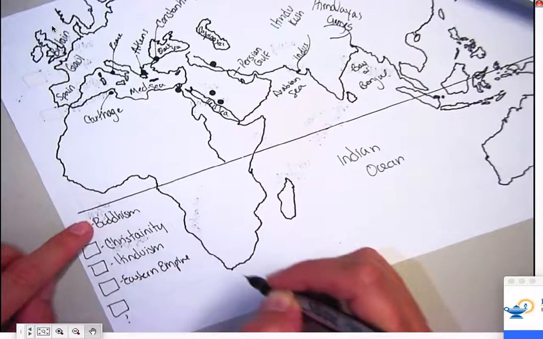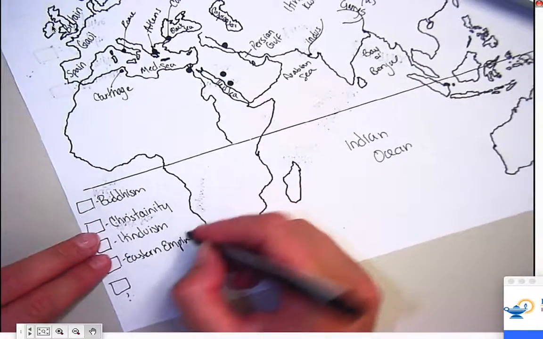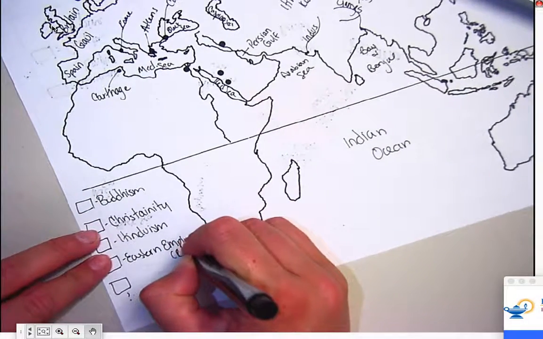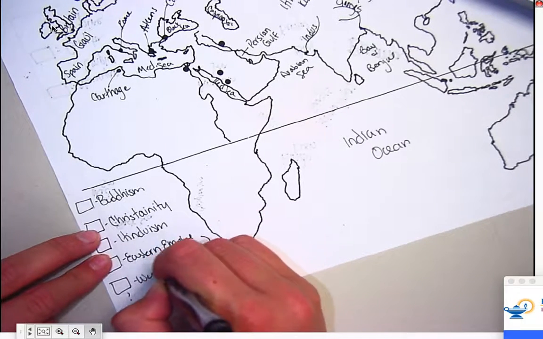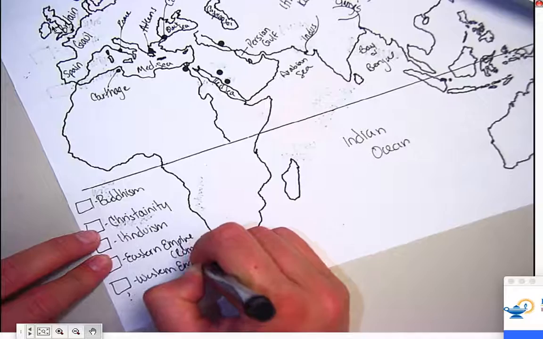So you have Buddhism, Christianity, Hinduism, Eastern Empire (Roman), then you have the Western Empire, which is also Roman.